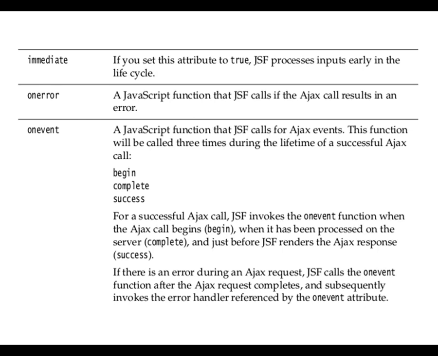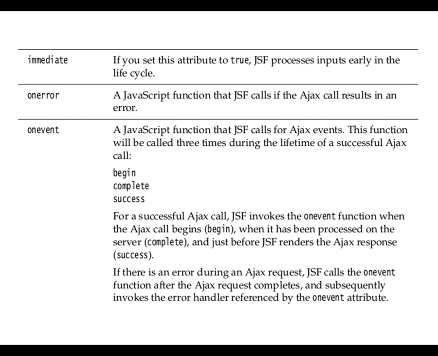I mean, let's say the two fields are required, okay? If the first one is not filled out, it's not going to tell you the second one is required because you never got to it yet. Okay, that's what immediate true is. Otherwise it will say, oh, that one is missing and that one's missing too, because I haven't gotten there yet.